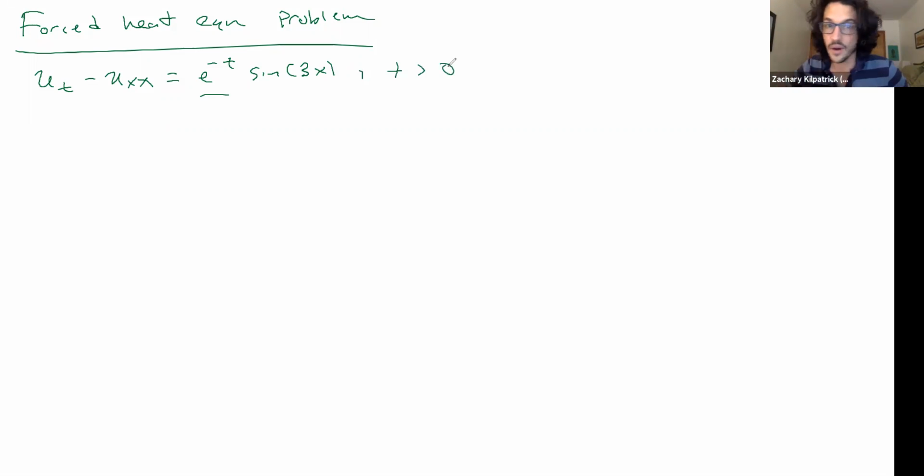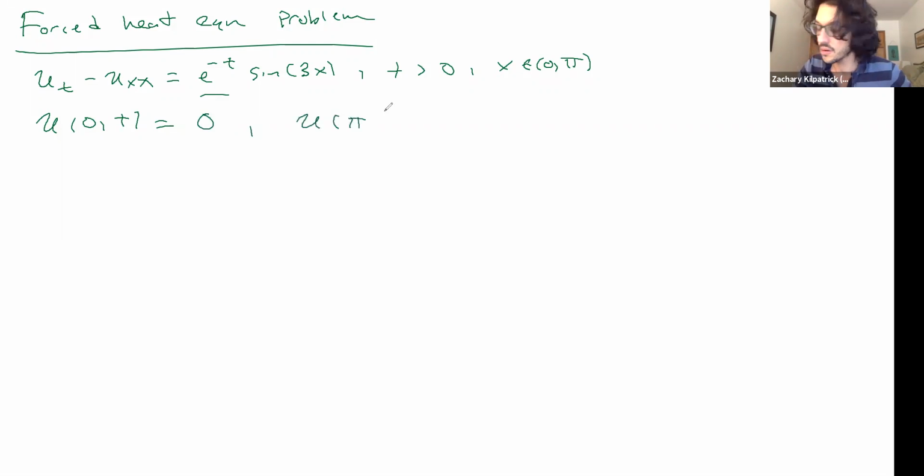This is for t greater than 0, and then I think our domain is 0 to pi. And we'll just impose Dirichlet boundary conditions. But one of them will be 1, okay?